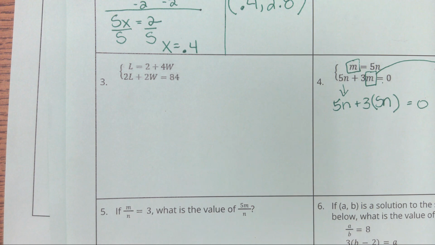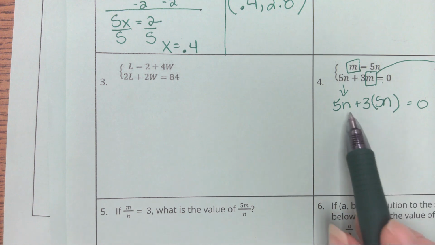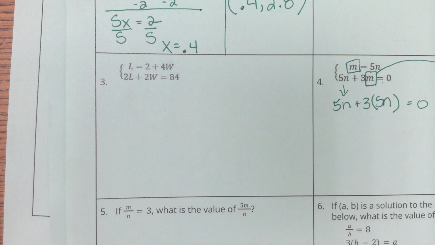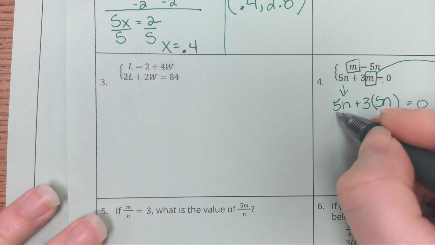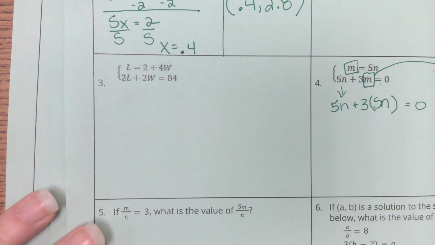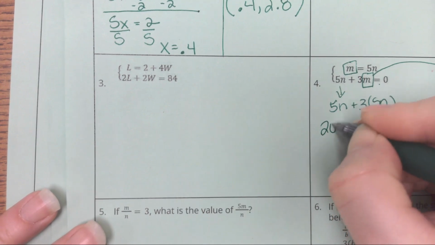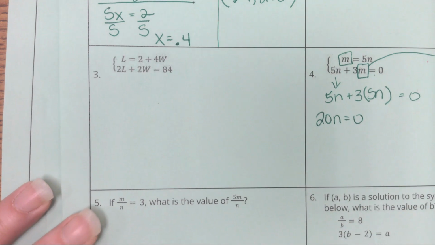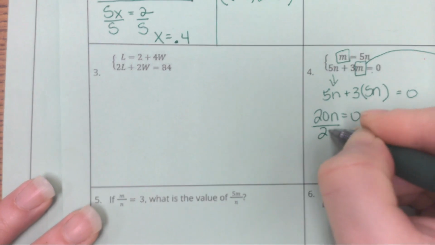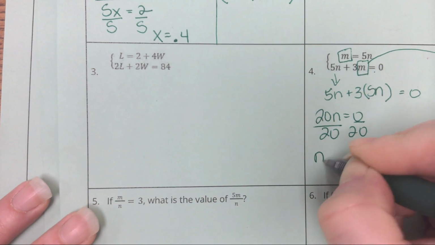Okay, 5n plus 3 times 5n. What do I get when I add those together? 15n plus 5n. 20n equals 0. Would you divide both sides by 20? Maybe you don't even need to. What does n equal? 0.